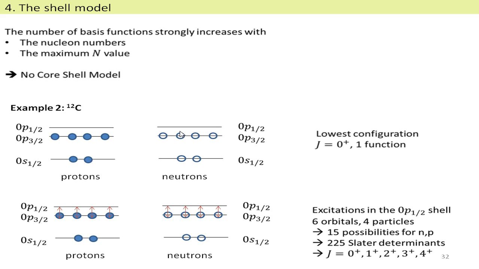It's possible, so in principle we have more possibilities than 15. But the energy difference here is small, much smaller than the energy difference between two shells. So if you excite an S shell to the P shell, then this corresponds to highly excited states, with different parity.